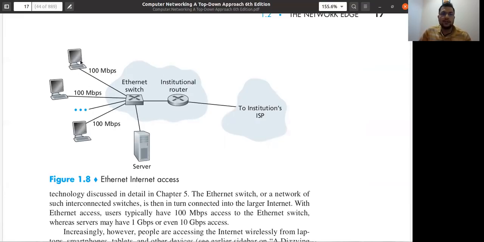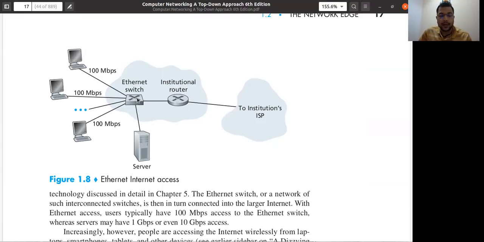Suppose this device wants to communicate within the LAN, with a server which is over the same LAN. This device will send a packet, and then this Ethernet switch will look for the MAC address where it has to send it.